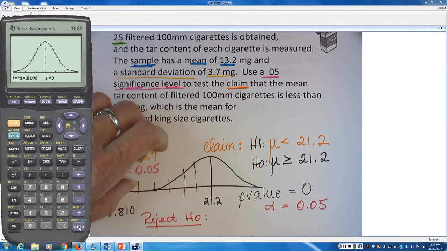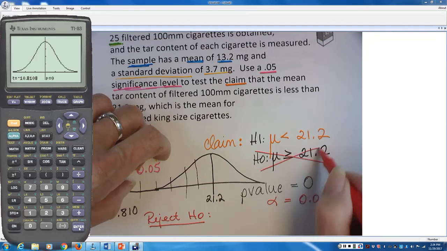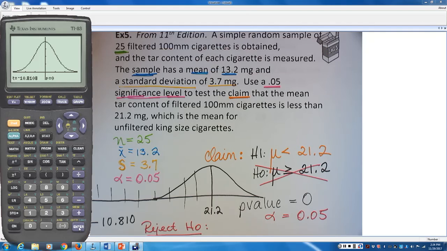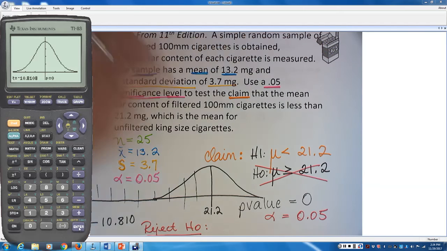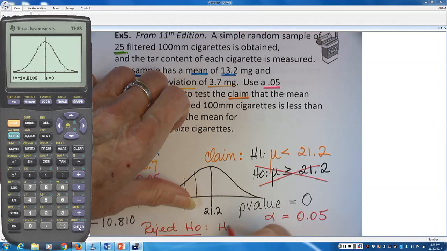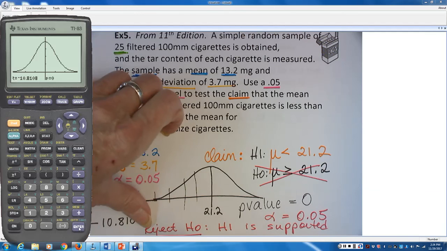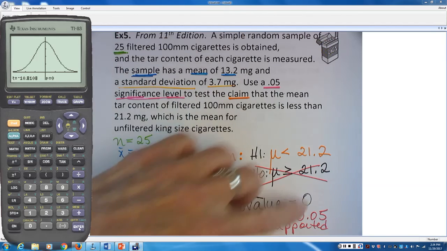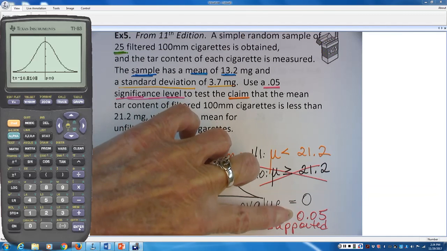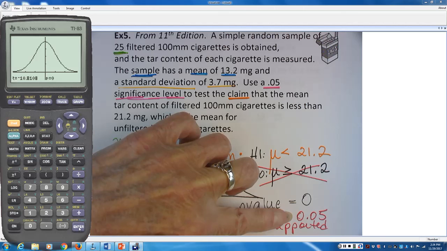If you reject H0, what's true? Why is it that you reject it? Because P is less than alpha. 0 is less than 0.05.